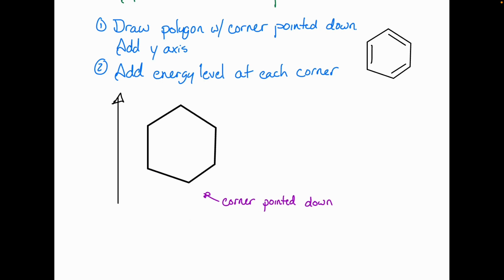I have this oriented with one of the corners pointed down, so I have one low energy orbital. Let me use a different color actually. Then I have these two orbitals that are of equal energy that are a little bit higher up. Another two up here of equal energy. And then finally one more high energy orbital at the top.